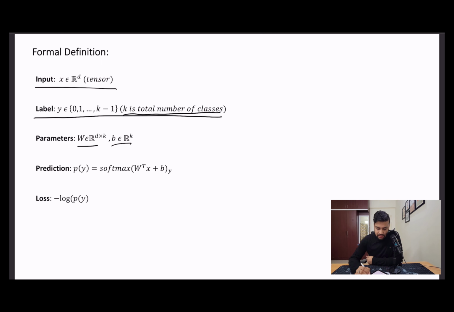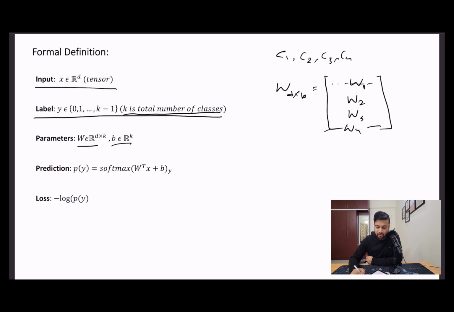So let us take a small example. If you have 4 classes, say class 1, class 2, class 3 and class 4, you will have 4 weight vectors making up the d cross k weight. So there will be w1, then w2, w3, w4.